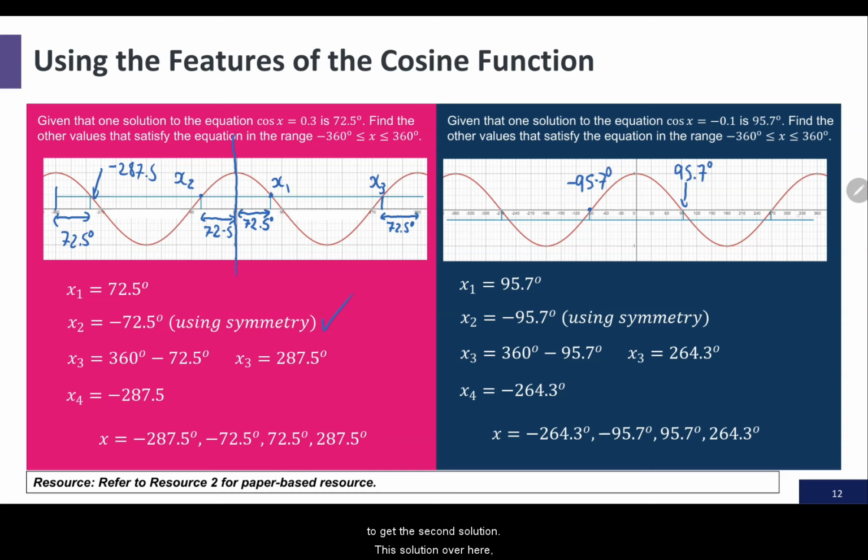This solution over here, we know the size of this gap is 95.7, which gives us 264.3. And again, I can use symmetry to get minus 264.3 for that one.